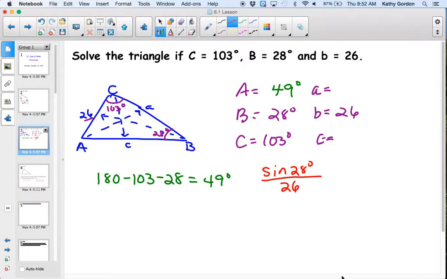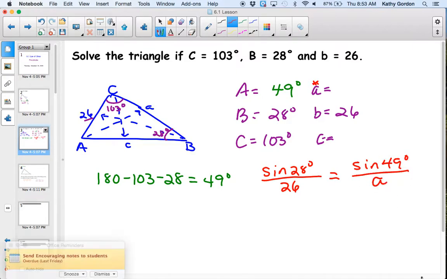So that sets up what the ratio has to be equivalent to. Then I set it equal to a second ratio to make the proportion. In order to find side A, I would set up the second ratio as the sine of the 49, which is angle A, and put that over side A, and now solve the proportion for A.